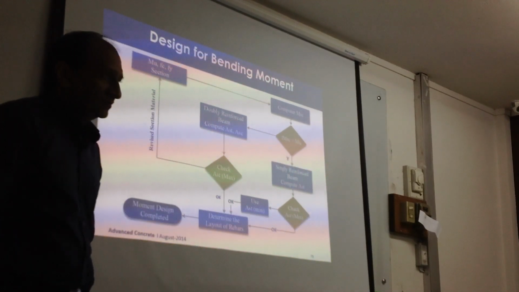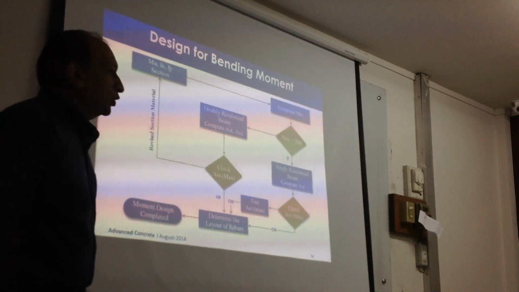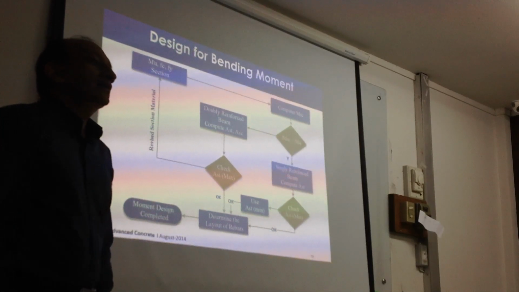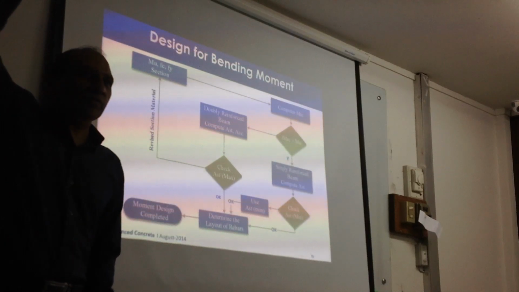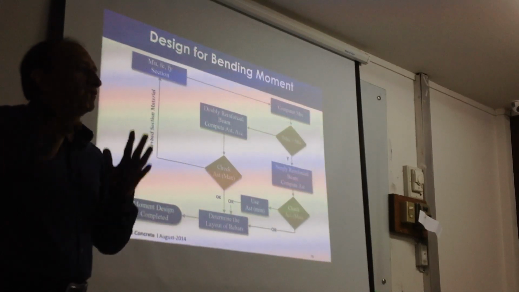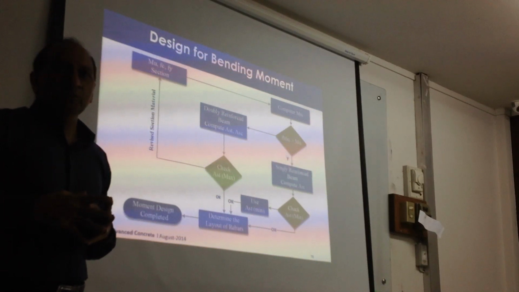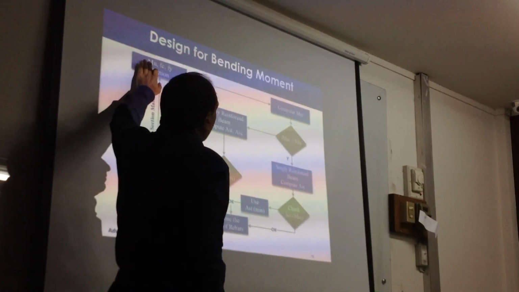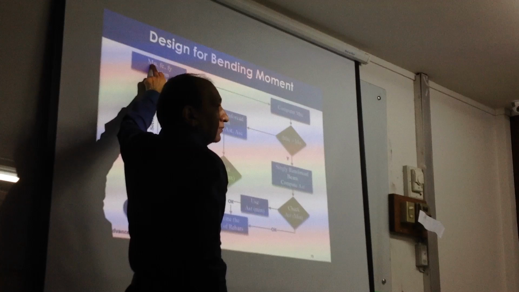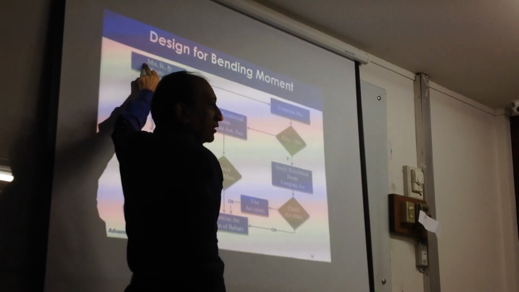That's what you have, correct? Assuming that you have the section, which normally is controlled by the architect. They will tell you, you cannot have a beam more than this one. So they basically govern many sections for you because of the headroom and other clearance. So you have that. Moment will come from analysis, not one moment, hundreds of moments, thousands of moments.